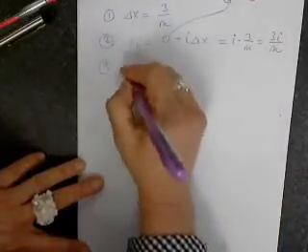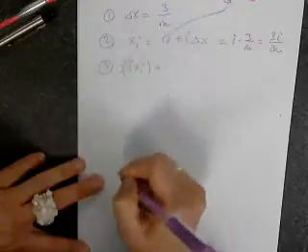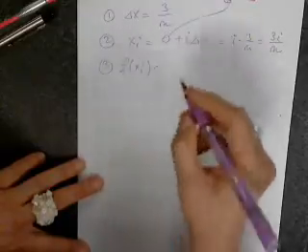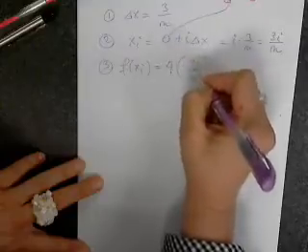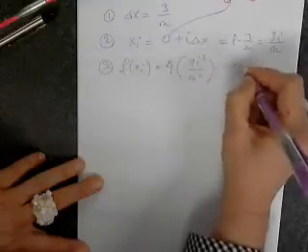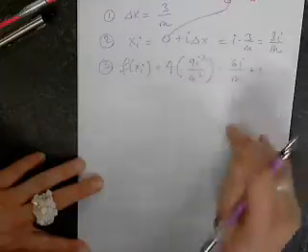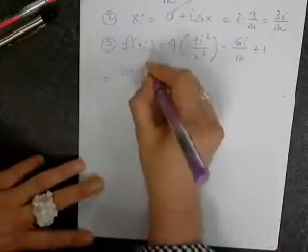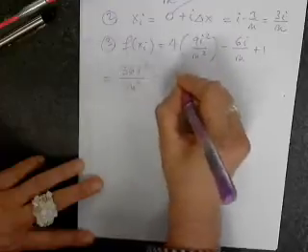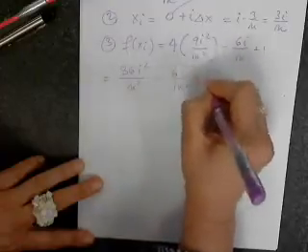Then in step 3, I have to find f of xi, which is 4 times 9i squared over n squared minus 6i over n plus 1. And after simplification, I have 36i squared over n squared minus 6i over n plus 1.